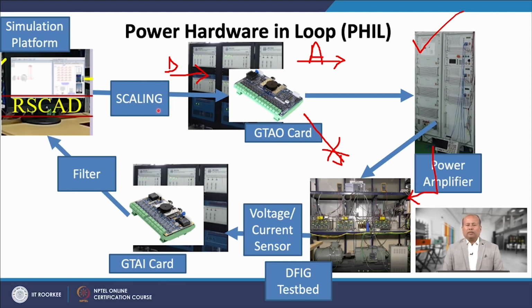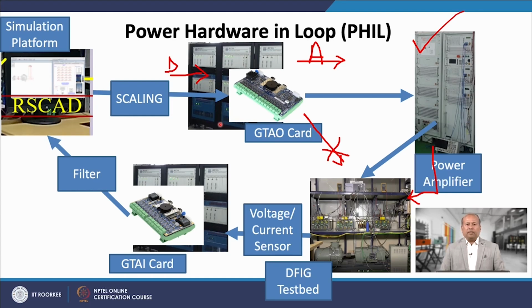Digital simulators like the RTDS, which employ the electromagnetic transients algorithm, can mimic the network reaction in a time step as quick as 50 microseconds.